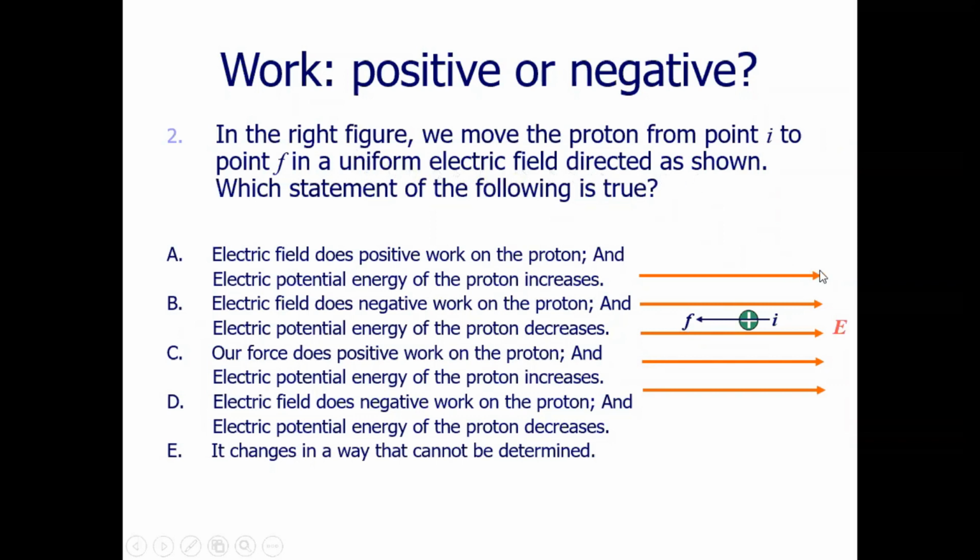So the direction of the electric field is in this way. Which of the following statements is true? I'll give you a minute. We'll go through those options, and then you tell me which statement is true.